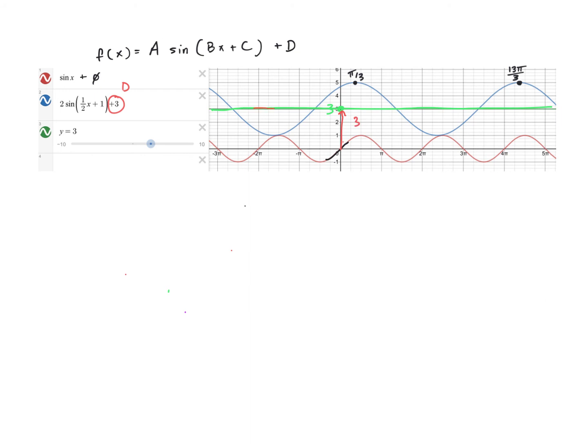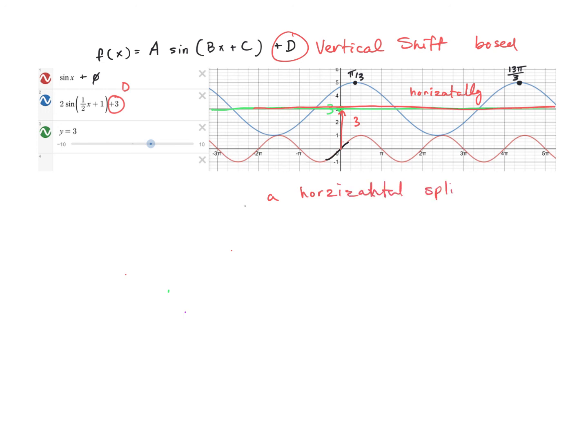If you see the center of our graph, if we were to split our graph horizontally down the middle, your D in this case is more of your vertical shift, based on a horizontal split. And so really all you need to do to find this value D when graphing is just find your midline and see where it crosses the y-axis.